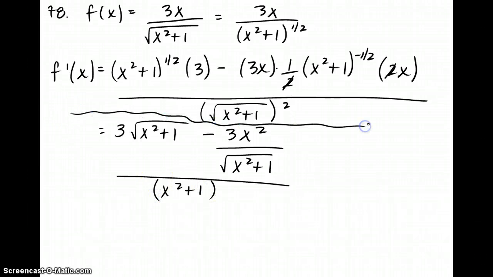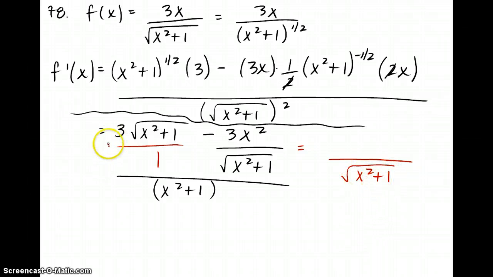These are separate from each other. Okay, one fraction. Let's deal with the numerator. My common denominator in the numerator is going to be square root of x squared plus 1.